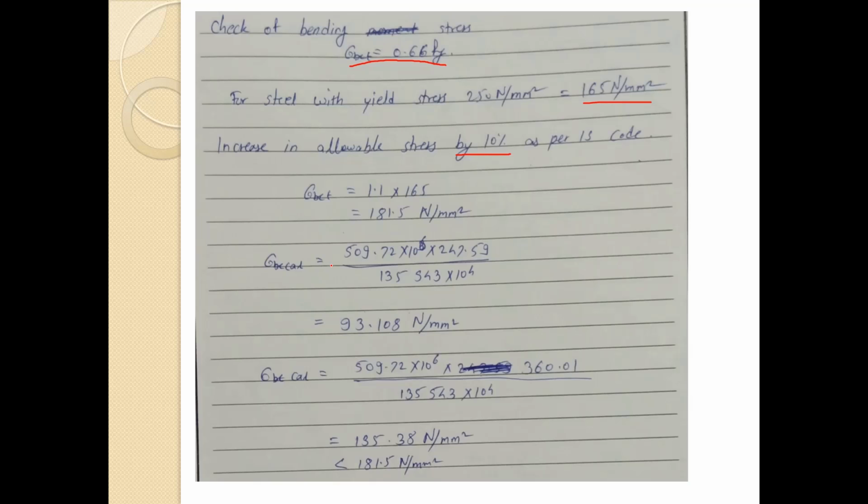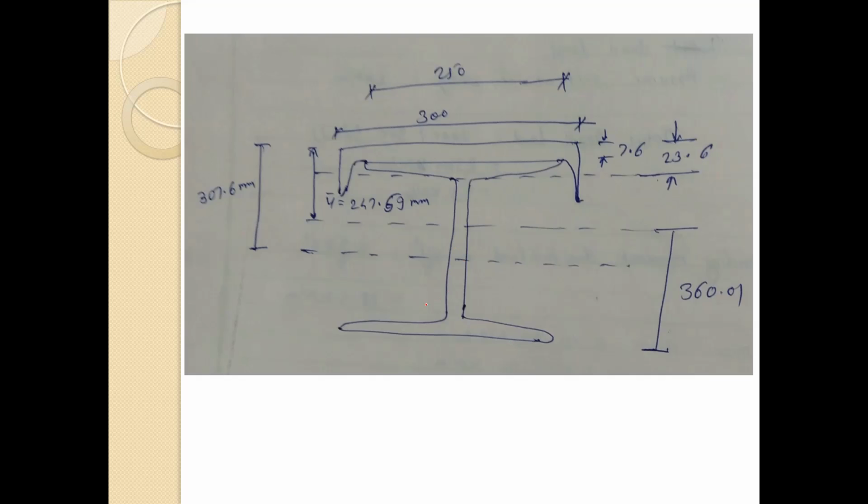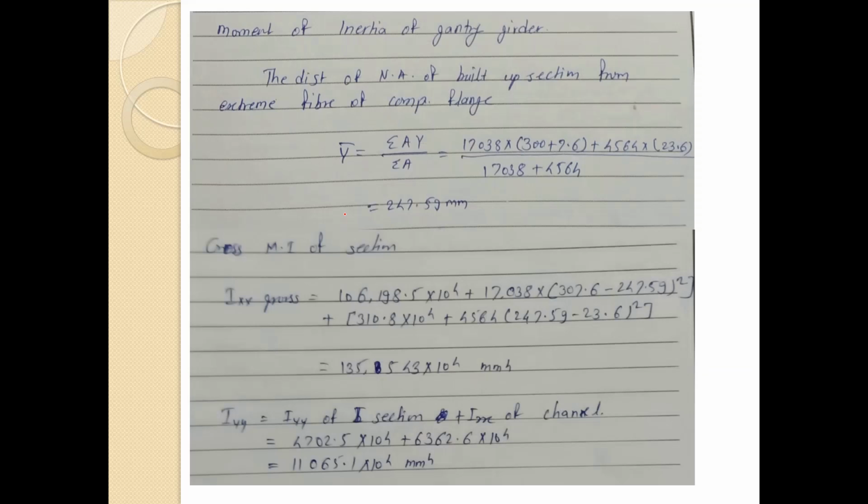this y will be changed, because we are taking an asymmetrical section like this. So this is the y distance from the compression side and this is from the tension side, that is 360 and 247.